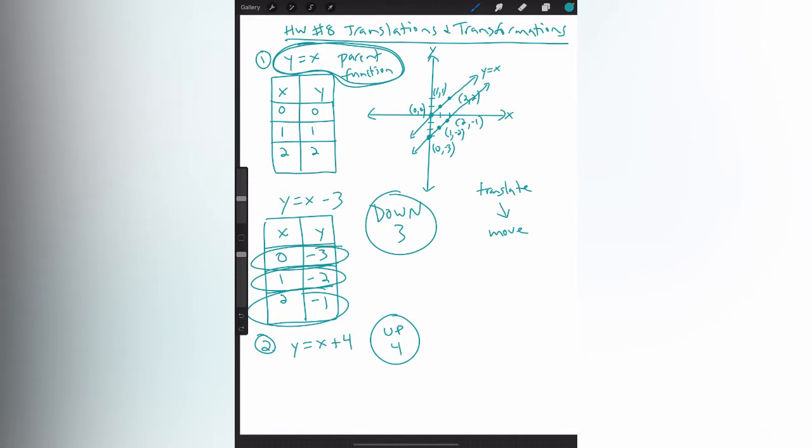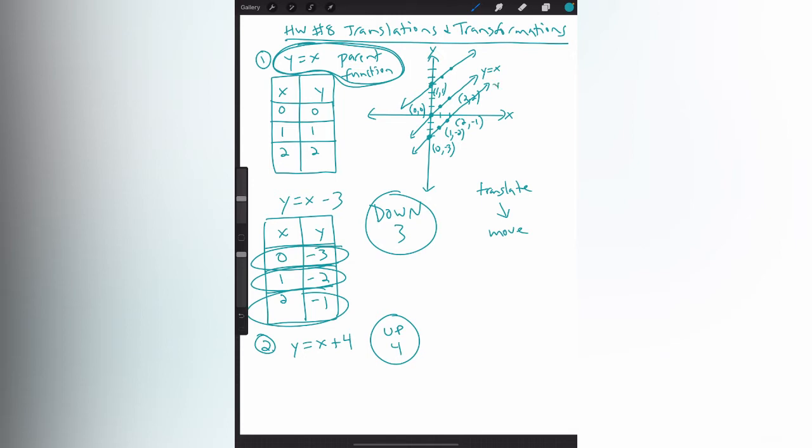How about that? So I'll take my original and I'll move up 4. 1, 2, 3, 4. 1, 2, 3, 4. 1, 2, 3, 4. Right, so I'm able to draw my line here.